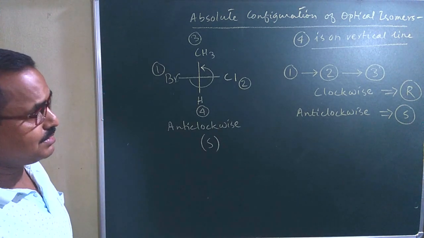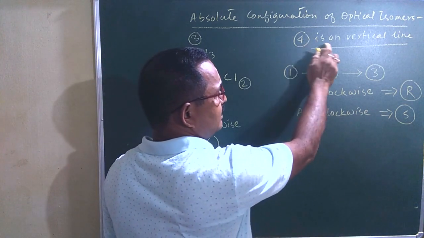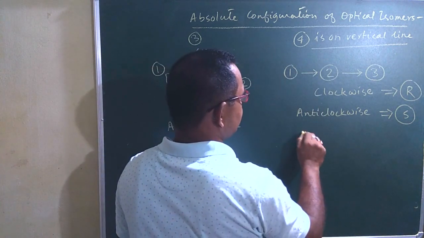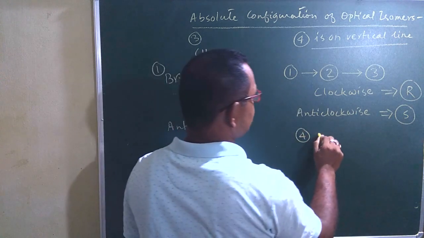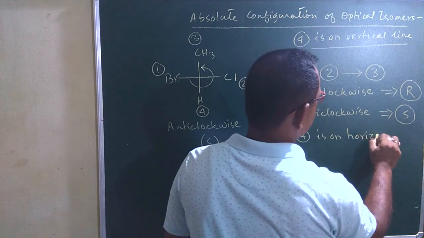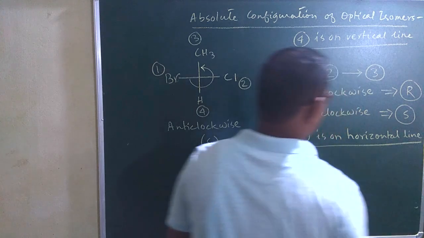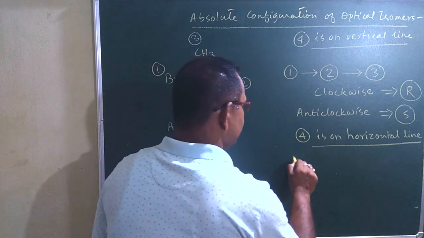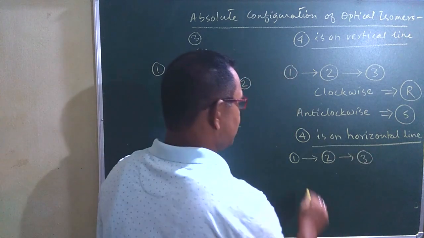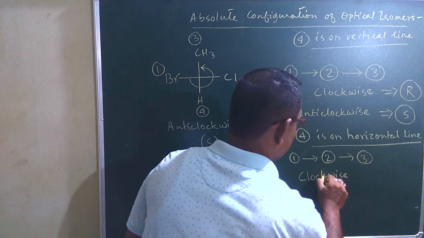Configuration will be S. There is another point to remember. If the least priority group is on horizontal line, okay? Say priority 4 group is on horizontal line, then what will happen for this sequence if we have a clockwise sequence?